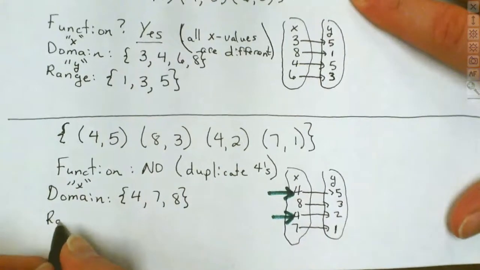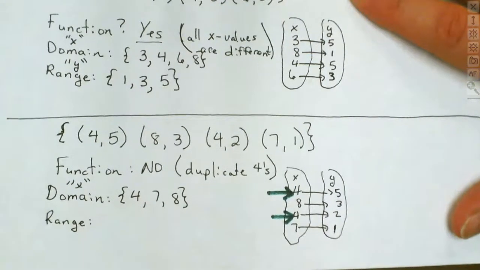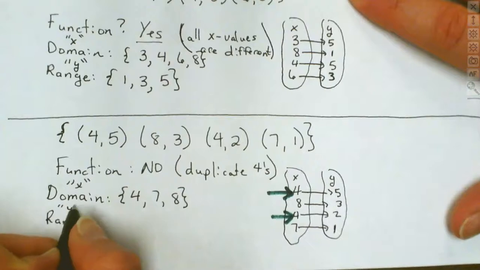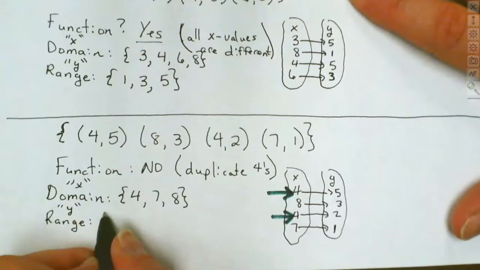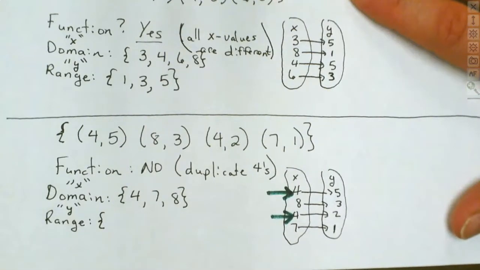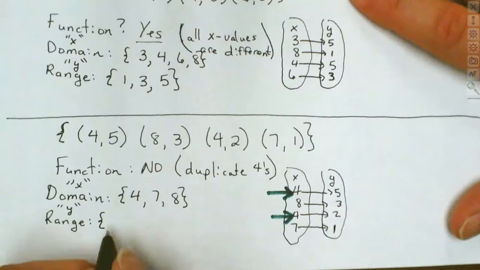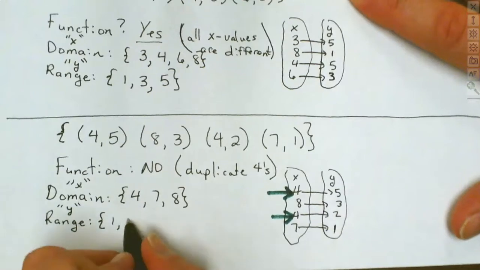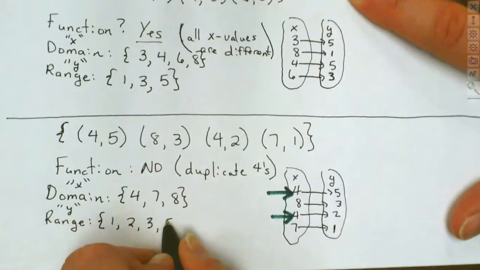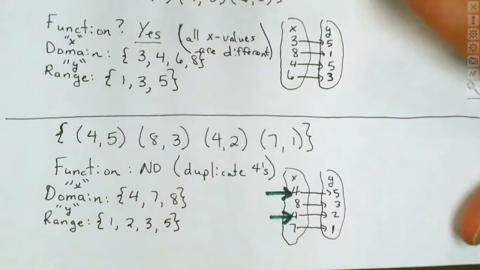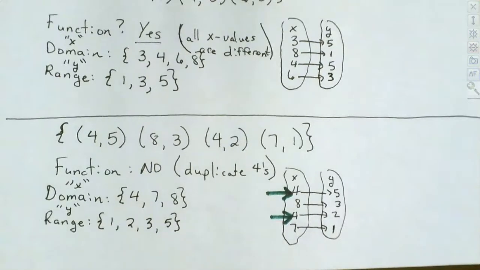What about the range? That's your y values. My range would then be 1, 2, 3, and 5. So that's my domain and my range for those ordered pairs.